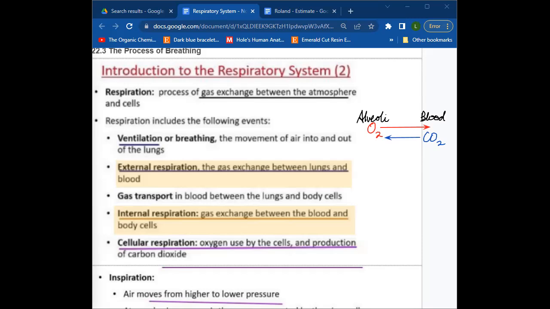Okay, so that exchange that's going to occur is called external respiration. So let me write that. The external respiration is the gas exchange that's occurring at the alveoli.